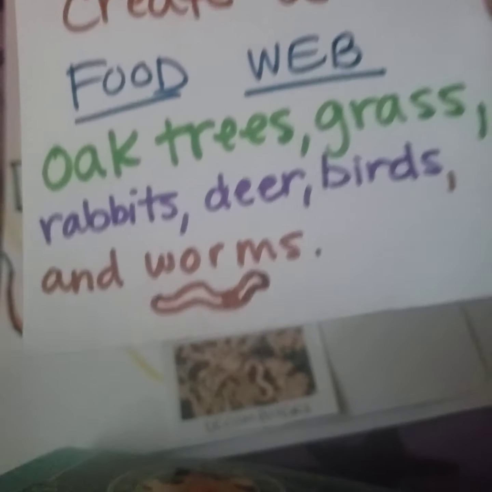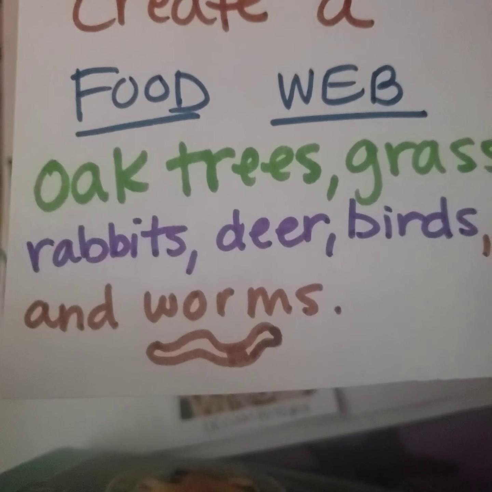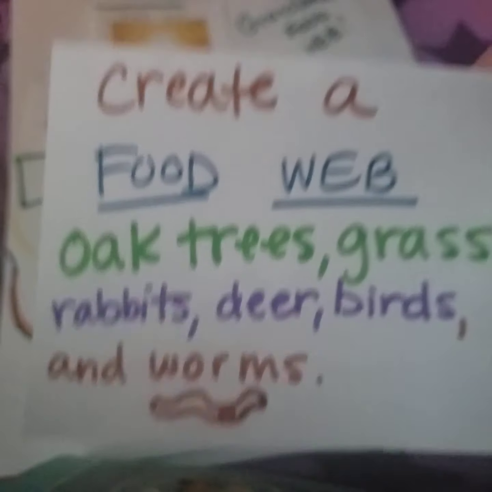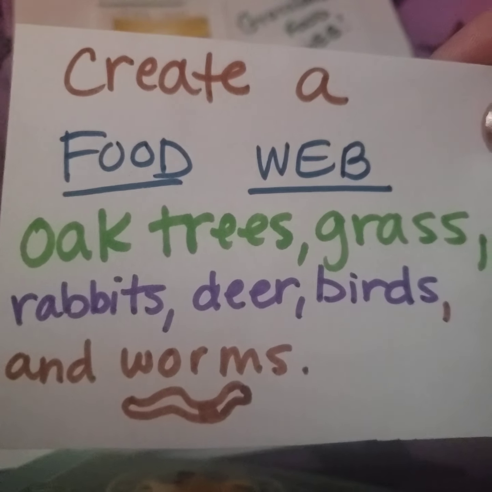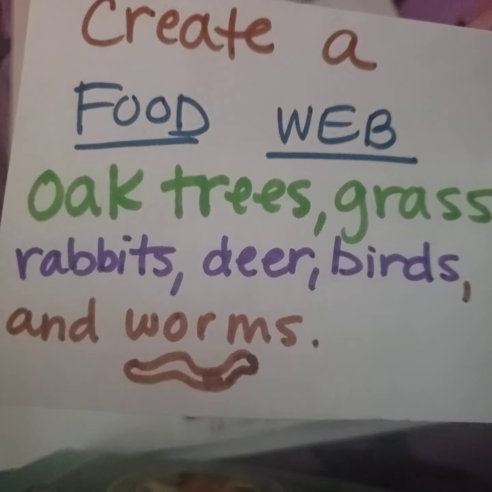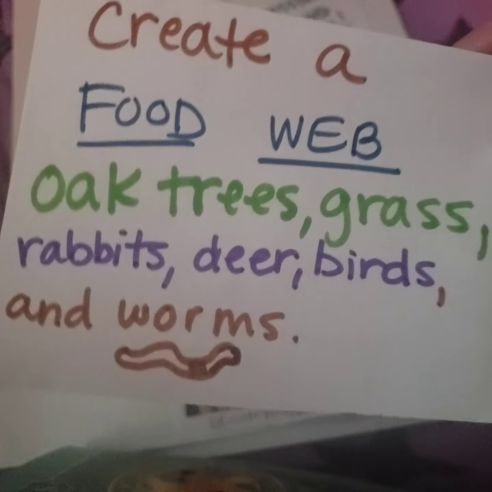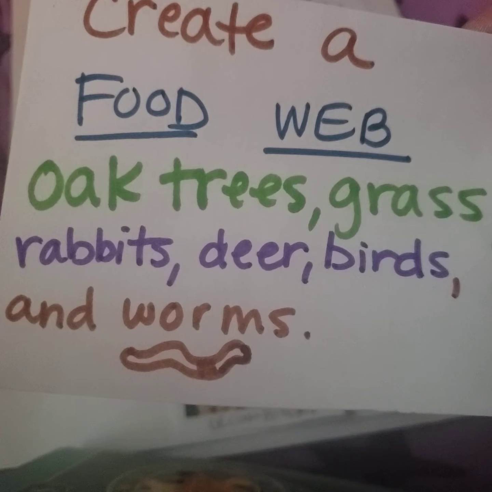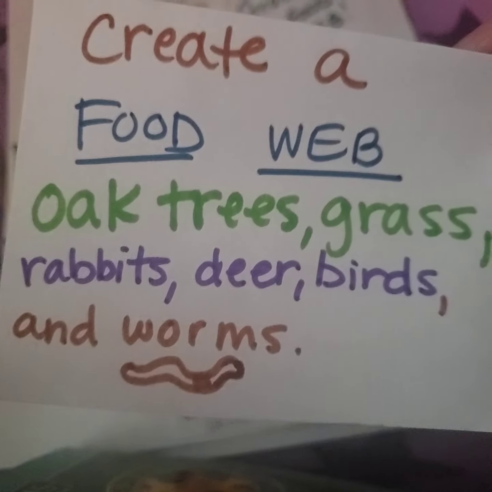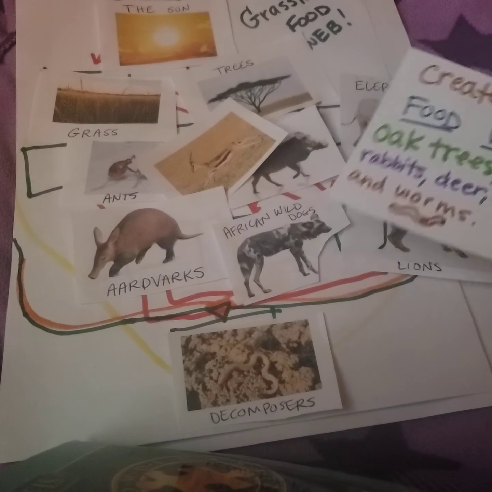So according to the JCPS Choice Board, you're supposed to create a food web, a lot like the grasslands food web that I created. But instead of being a grasslands food web, you're actually creating a temperate deciduous forest food web that has oak trees, grasses, rabbits, deer, birds, and worms. And you can probably add some more organisms in there as well.